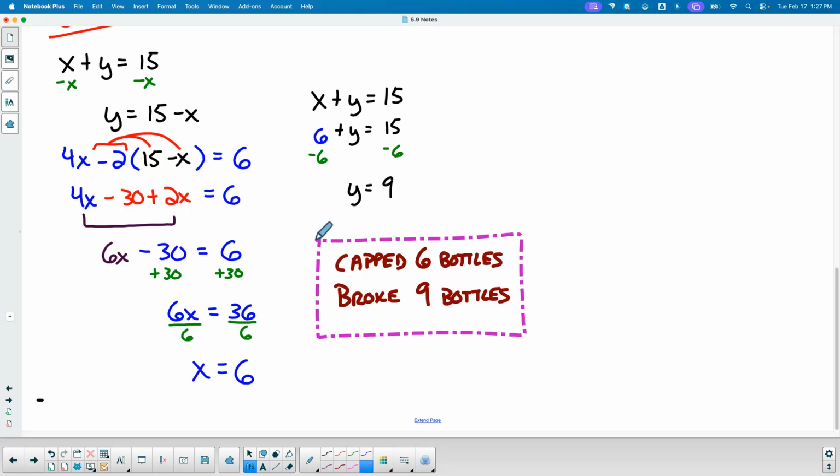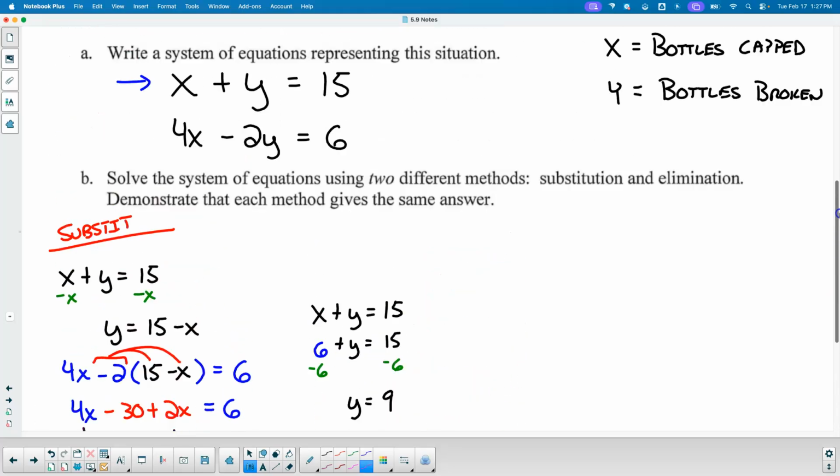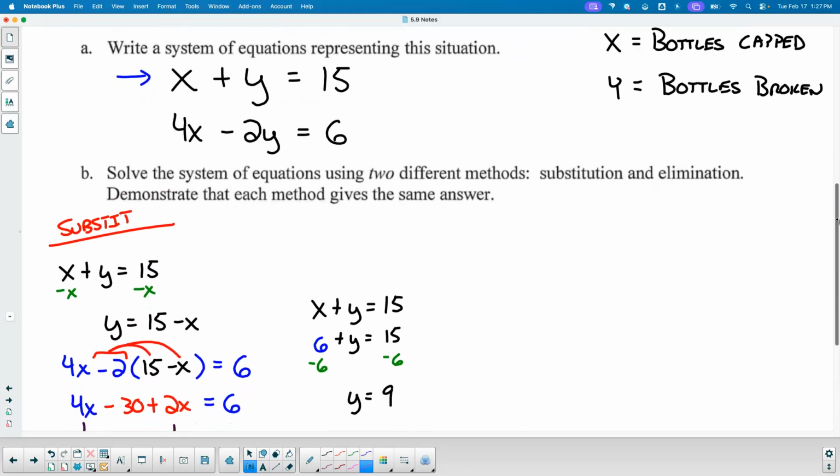Okay, so now let's solve this using elimination. Step number 1 from elimination was we need to get the same number in front of the same variable. So I need to pick a variable, x or y.